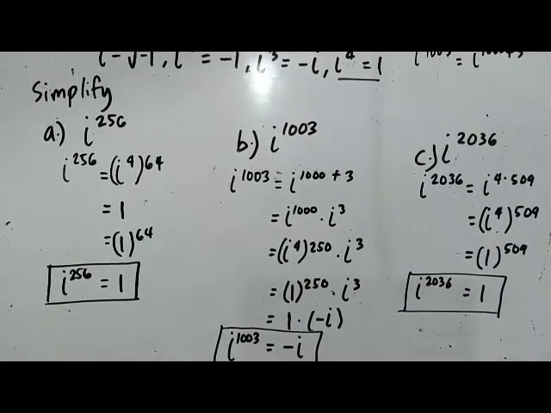Okay, so tanan nga imaginary numbers nga pwede i-simplify, magamitan niya sa amo nga technique. Ang first nga himuon ninyo is divide the exponent by 4. Tapos ang I to the power of 4, tandaan nyo lang nga it is equal to 1.